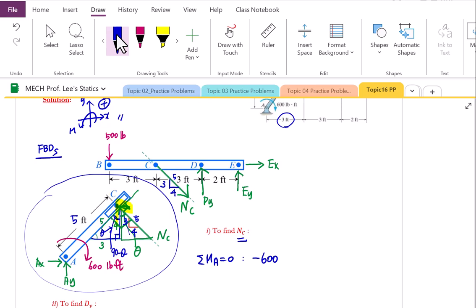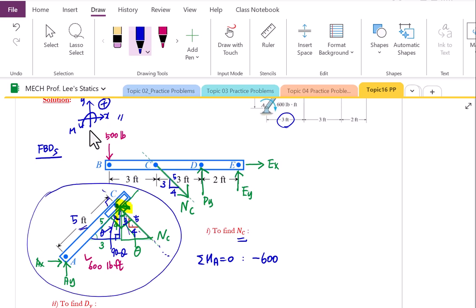Then let's move to point C. At point C, we have N of C. Looking at N of C and the given geometry information, which is 5 feet, if we are using this rotated coordinate system, we can directly use this 5 feet as the moment arm because 5 feet is perpendicular to the N of C, for the geometric structure we already identified from the previous step.